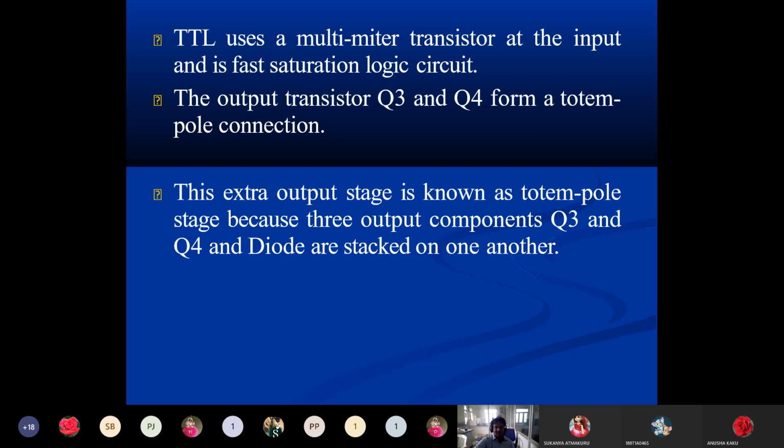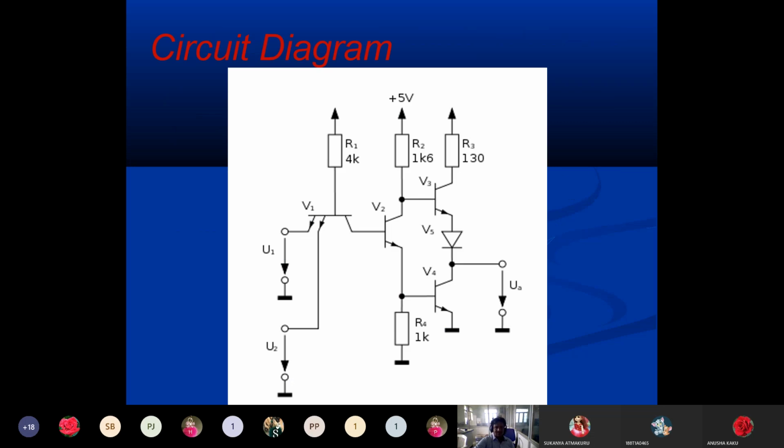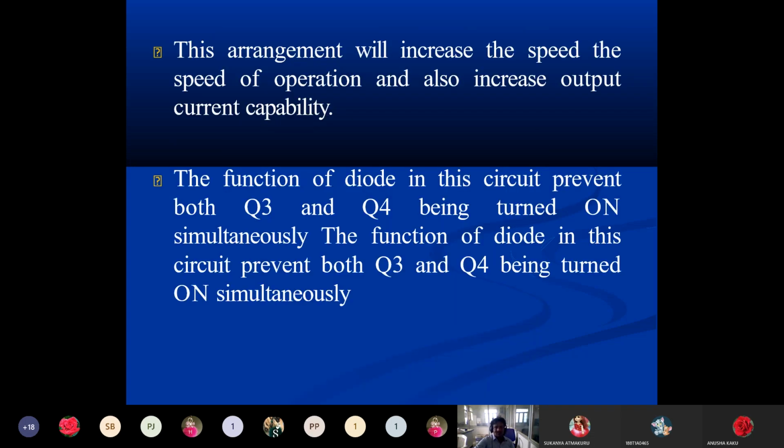So we will see it in the diagram. By using this arrangement, we can increase the speed of the circuit and also increase the output capability. The function of the diode in this circuit is to prevent both Q3 and Q4 from turning on simultaneously.